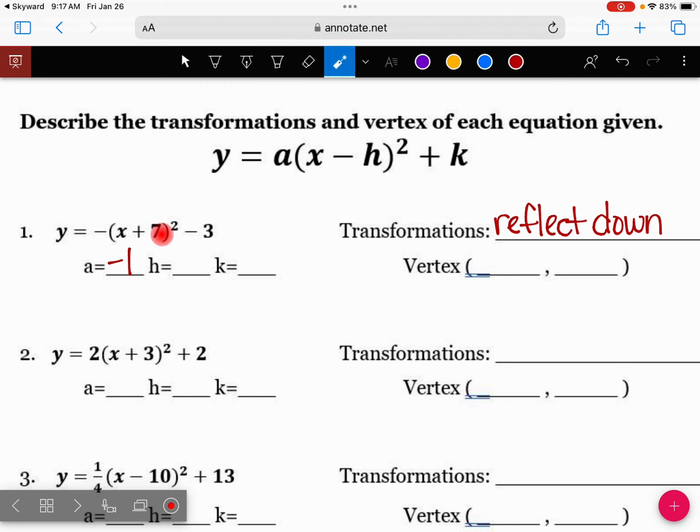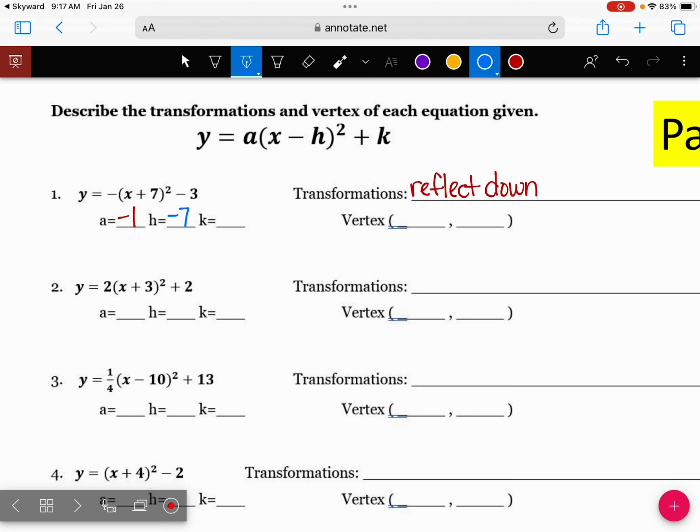Now, H is always on the inside, but it's opposite. Do you see how it says +7? It's going to be -7. So let's put that -7. H moves the graph left and right, and because it's negative, it's going to move it to the left 7. And then lastly is our K value, which is in the back.